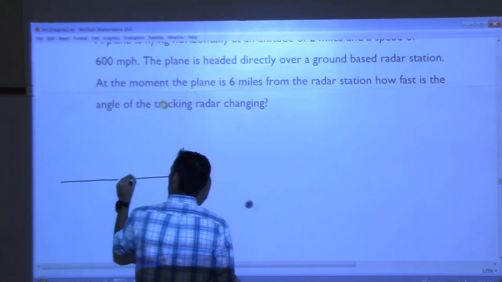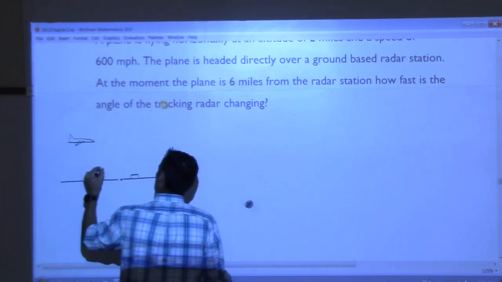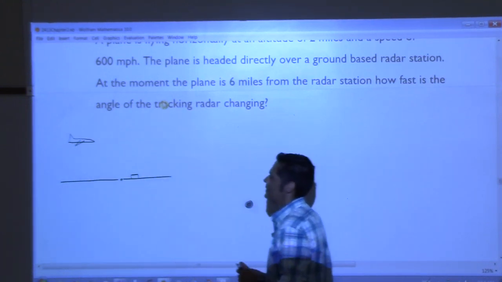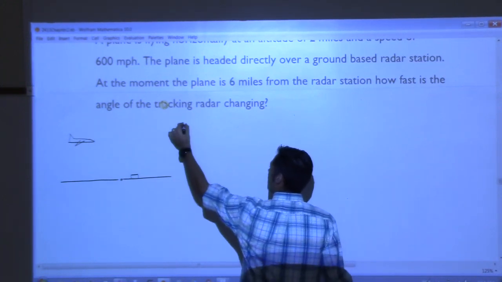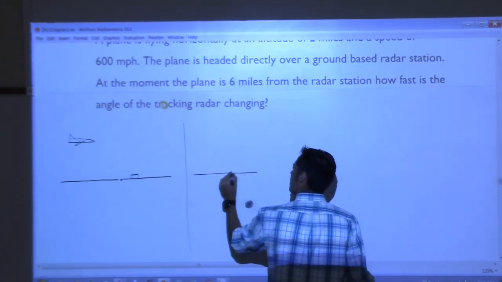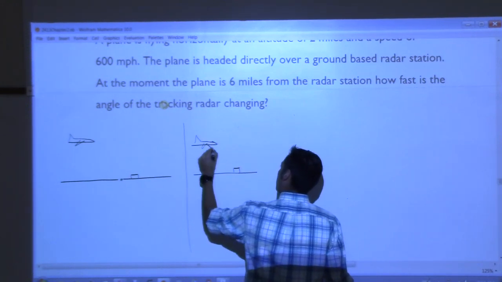I mean, you still have the ground-based radar station, you still have the plane, right? You still have in the second picture the 6 miles.